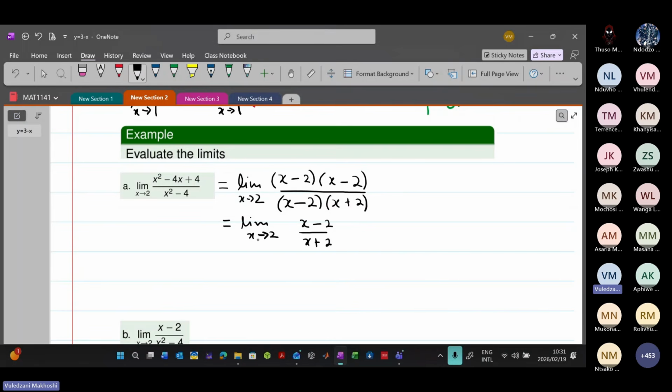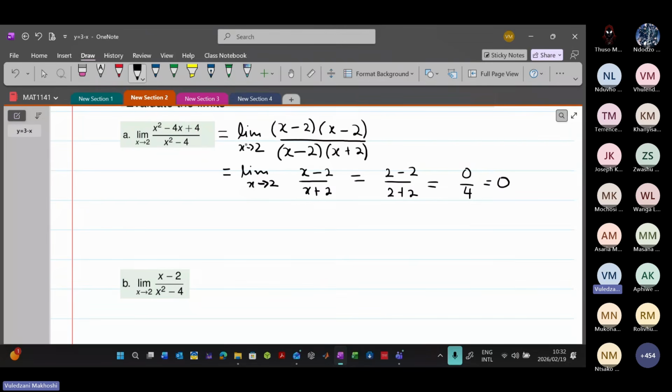And then we check, is 2 in the domain of the denominator? Yes. Is 2 in the domain of the numerator? Yes. So we can do direct substitution, which is 2 minus 2 over 2 plus 2, or 0 over 4, which is 0. For this one, if you want, you can first do long division and write this as a new fraction, but it's okay to factorize like that.